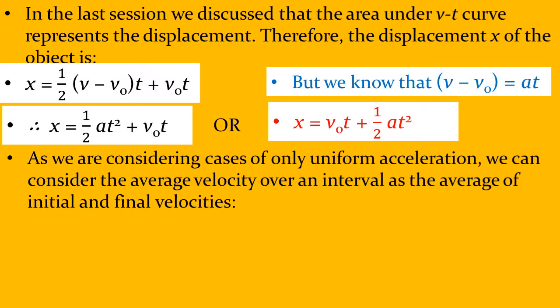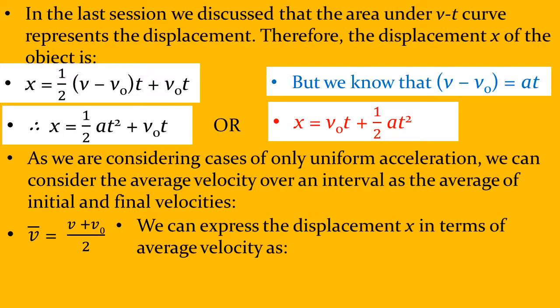As we are considering cases of only uniform acceleration, we can consider the average velocity over an interval as the average of initial and final velocities. So I can say the average velocity v bar is equal to final velocity plus initial velocity divided by 2, assuming that the acceleration is uniform.